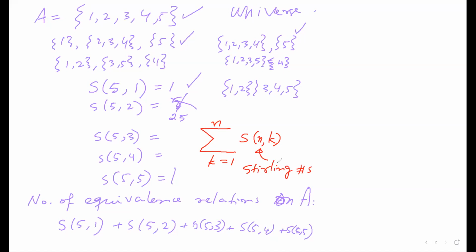This is Stirling numbers of the second kind. If you add all these things, what you get is called a Bell number, Bn. Bn is the sum of the Stirling numbers this way. Beautiful. With that, we will leave equivalence relations.